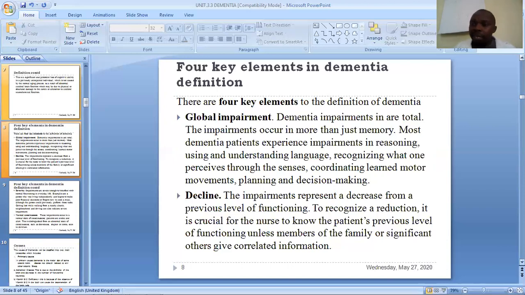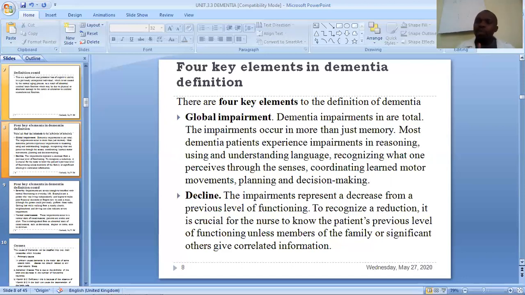That's why it's very important as nurses, as you try to diagnose dementia in a client, you don't only get information from the client themselves, you can also get history from the relatives, especially those that have lived with the client for some time. They'll be able to explain to you some deterioration they have observed as they were living with the client.